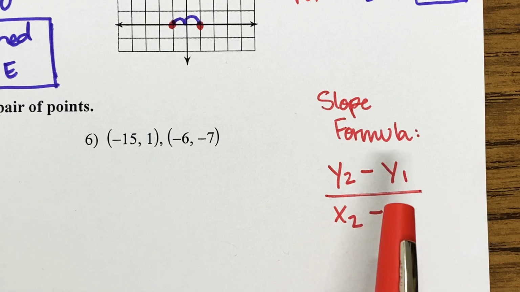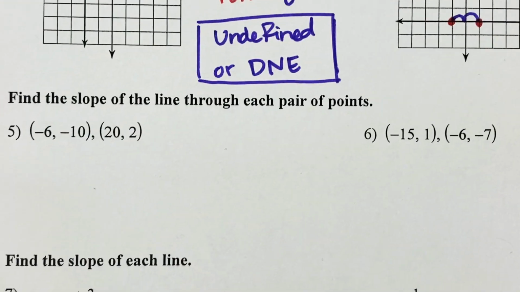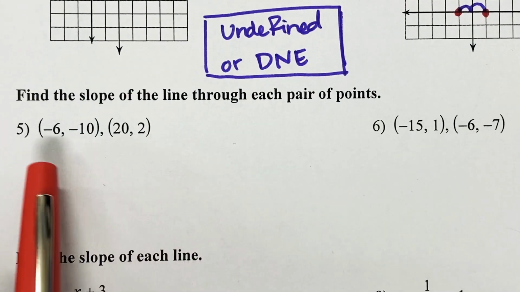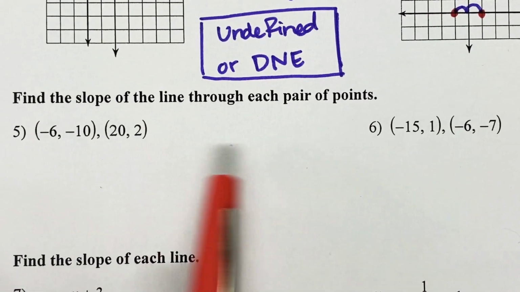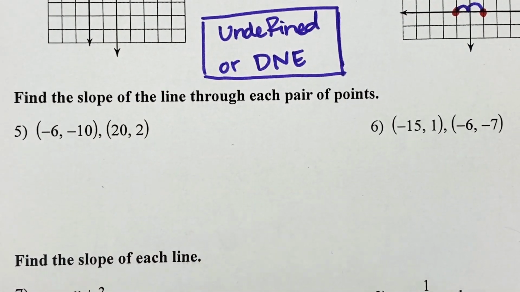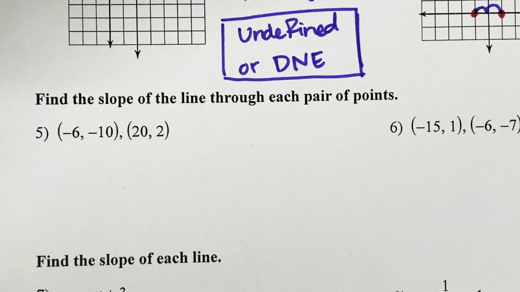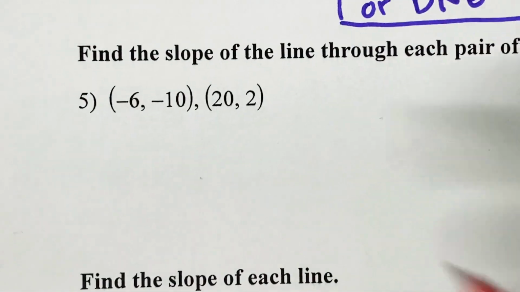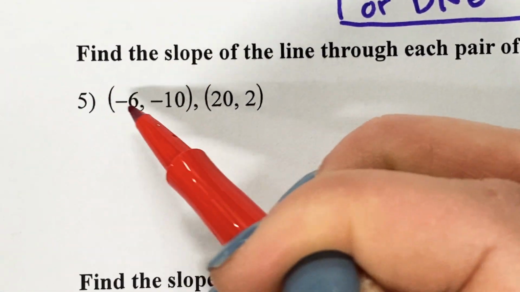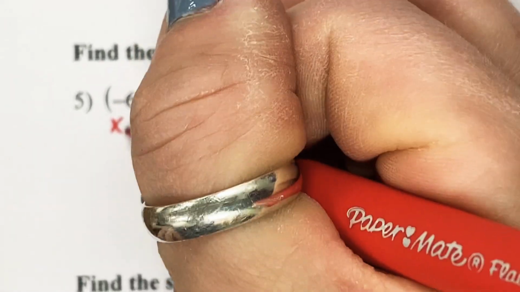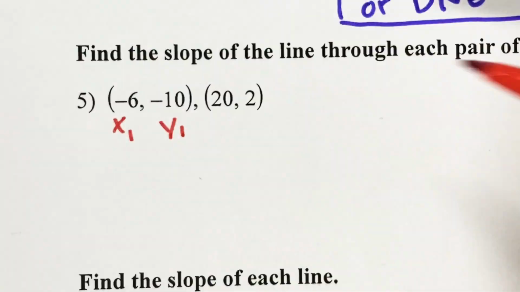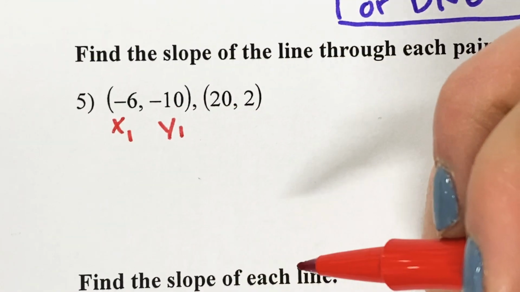Okay, now that I have that written down, let's go ahead and label what we have for 5 and 6. What are my y2s and my y1s? Let's look at number 5. If this is my first coordinate point, -6, -10, that means this is my first x, and this is my first y, or x1 and y1.